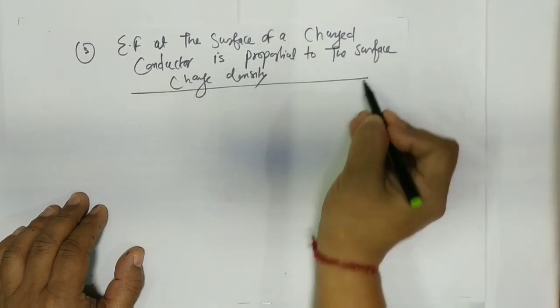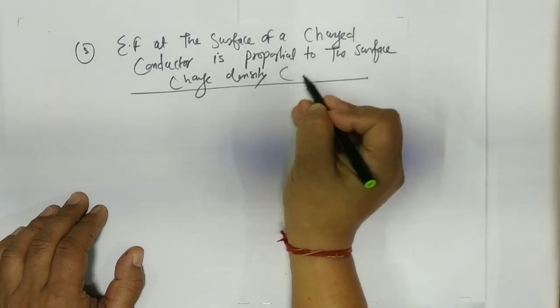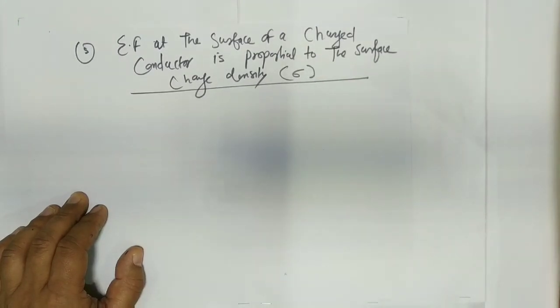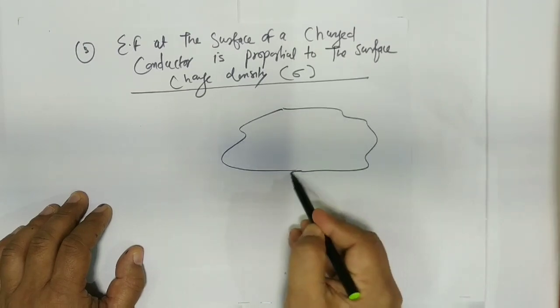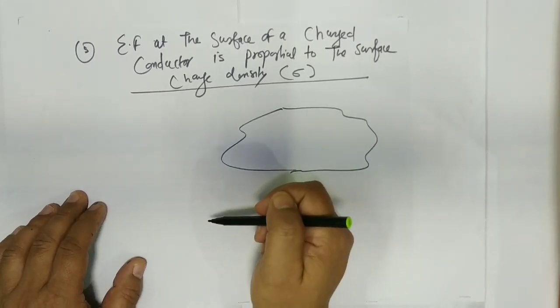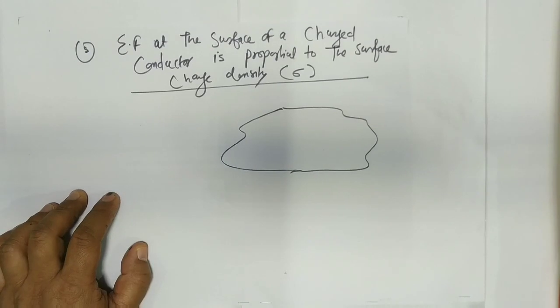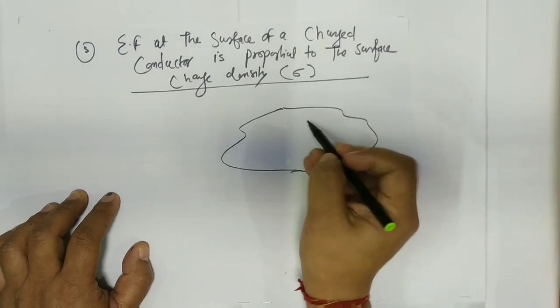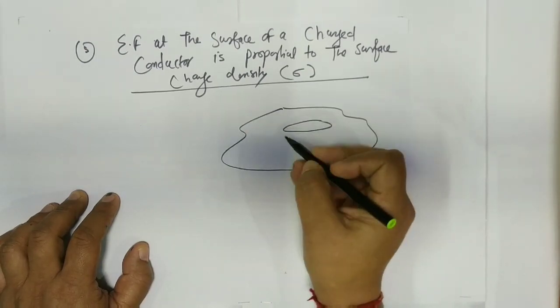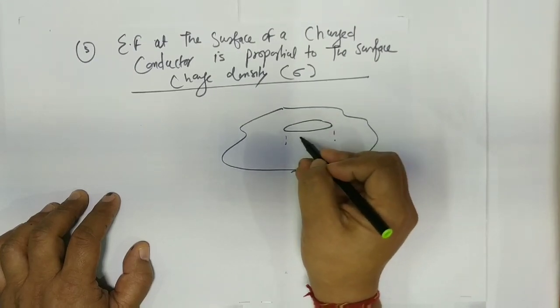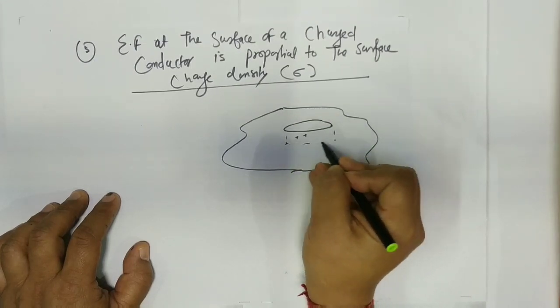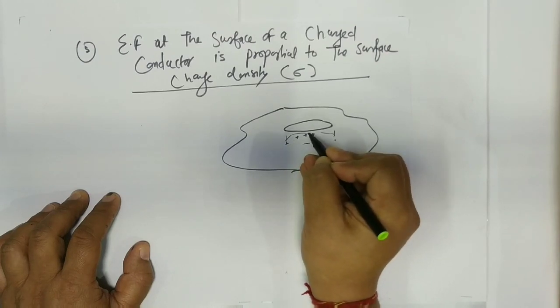The surface charge density is sigma, and what we do is take an irregular surface here, and on it we consider a Gaussian short cylinder. It is like this, because there will be a charge on its surface.